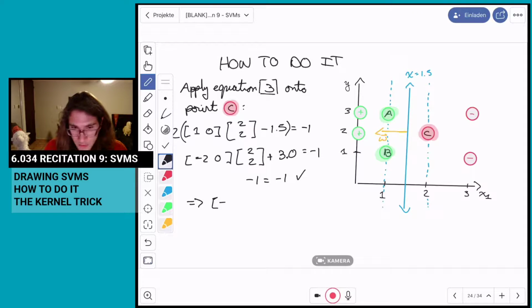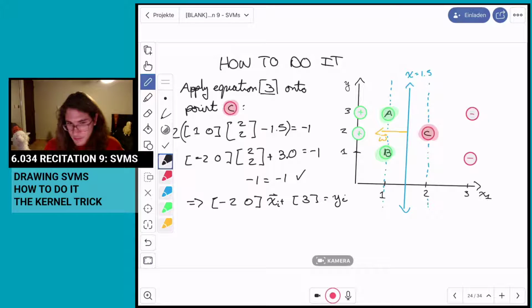I'm going to write the equation for this support vector machine now. So this is my W dotted with X plus B is equal to, well, this is Xi, that is equal to Yi.